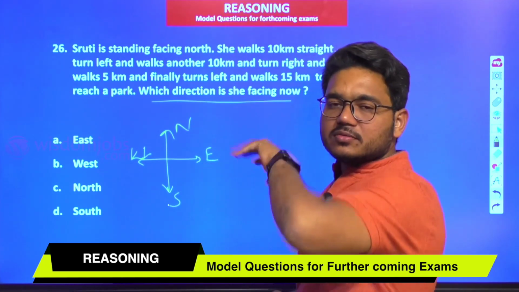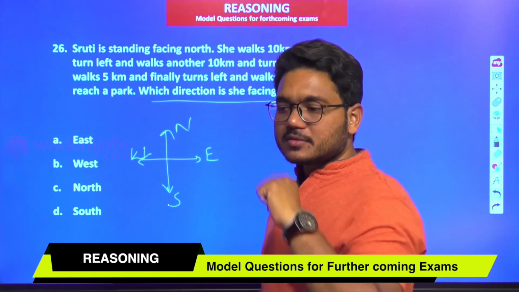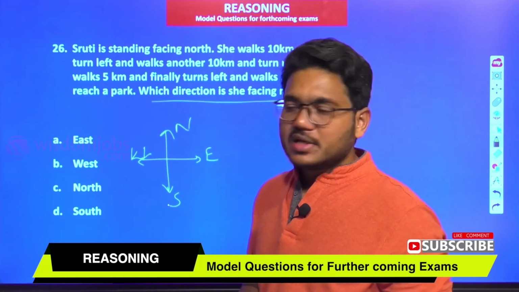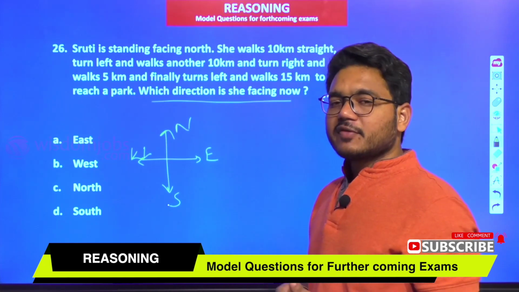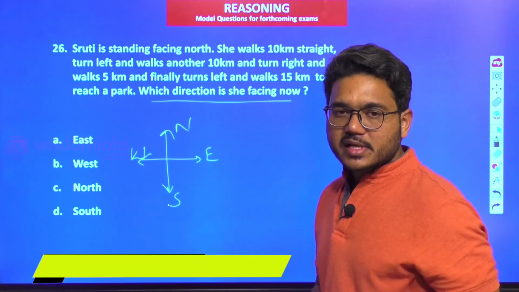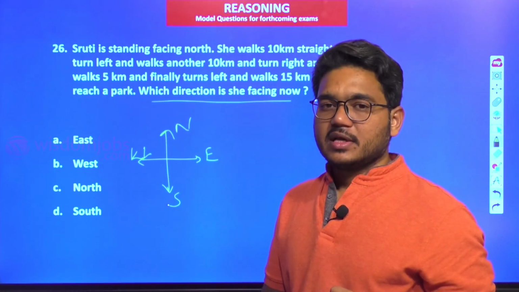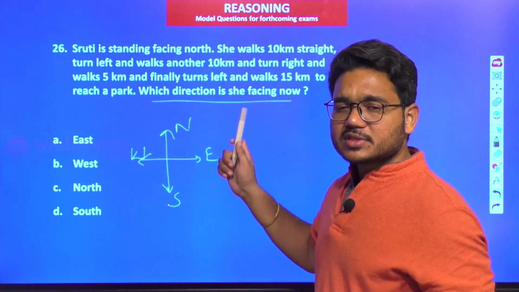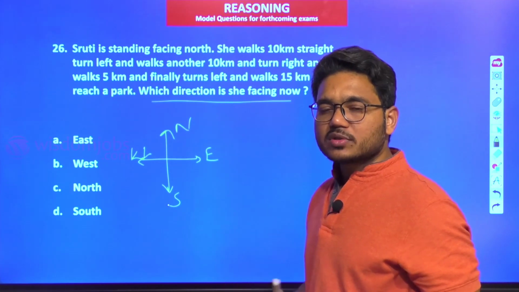In these problems, one thing to save time is to initially identify what is asked, whether the distance is asked or whether the direction is asked. If the direction is asked, sometimes you can ignore these distances.